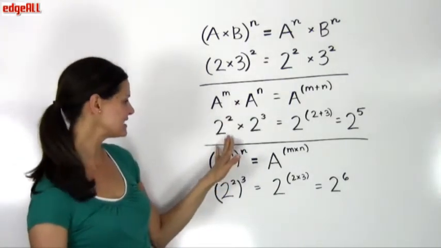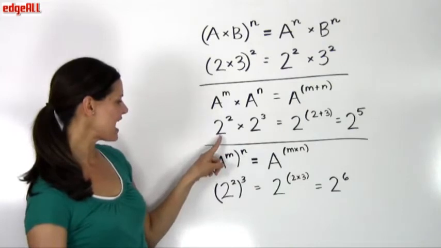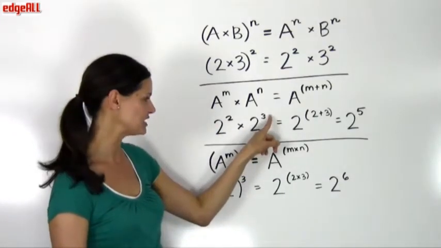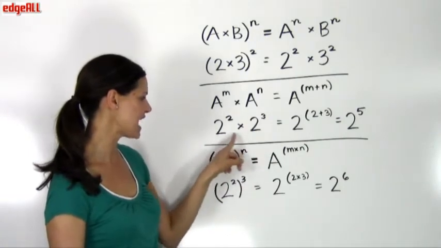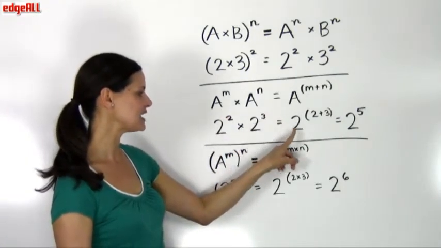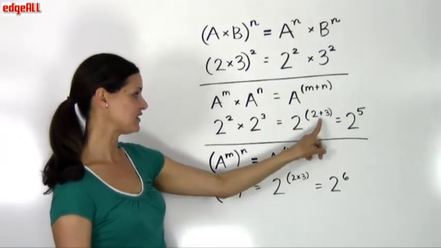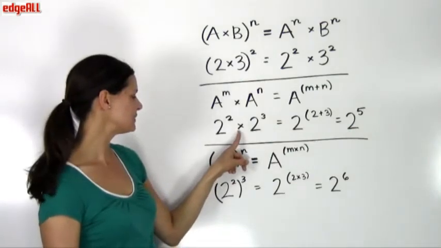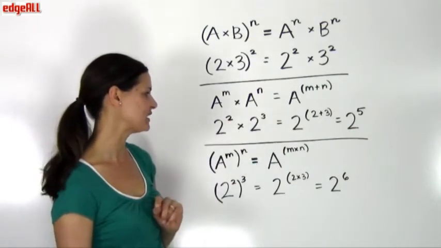So here's a case with numbers. If I have 2 squared times 2 cubed, this only works if these two numbers are the same. So 2 squared times 2 cubed is equal to 2 to the 2 plus 3, or 5th power. If I'm multiplying, I add my exponents.